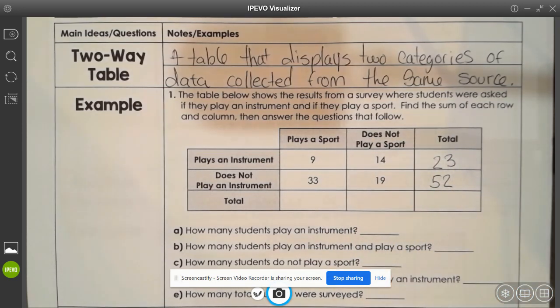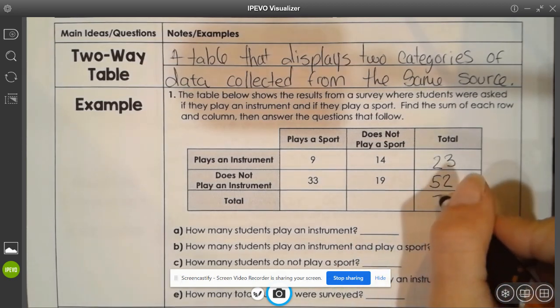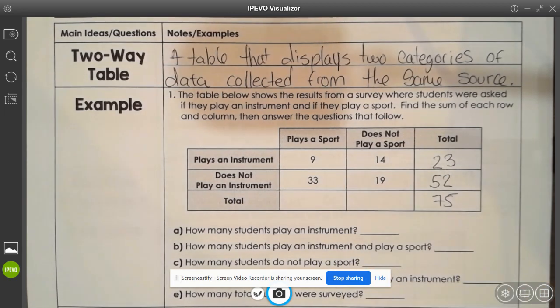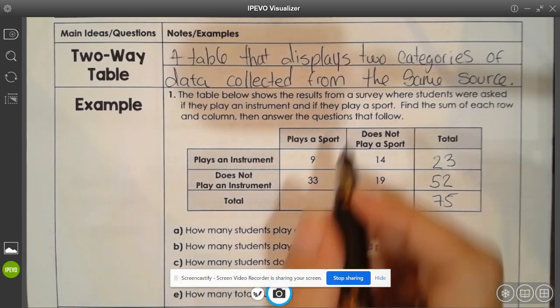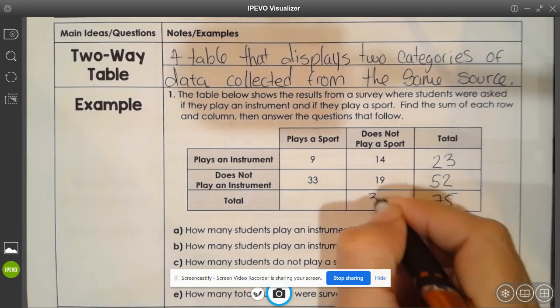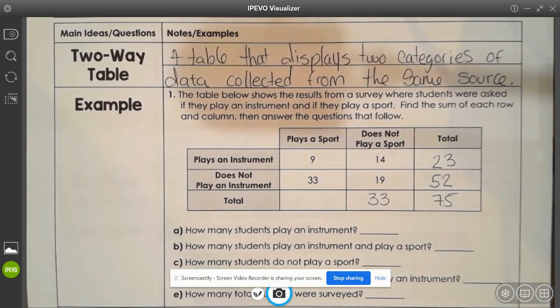So that would be 52 plus 23. How much is that? That's 75 here. 14 plus 19. 14 plus 19 is what? 33. And then we have 9 plus 33.